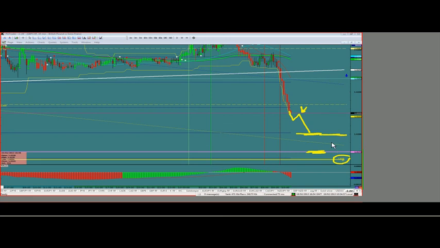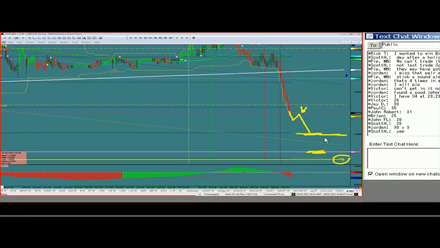Then on a break of the 4200, you're only going to 79, so just hold it for there. Okay. So any kind of a pull up here and turn, you want to add to your position for that target down there.